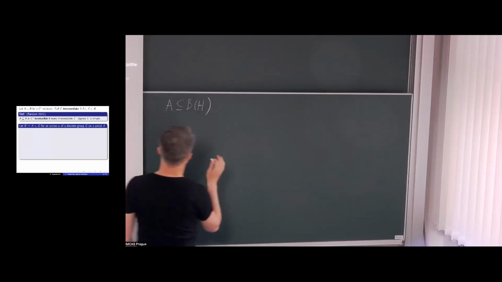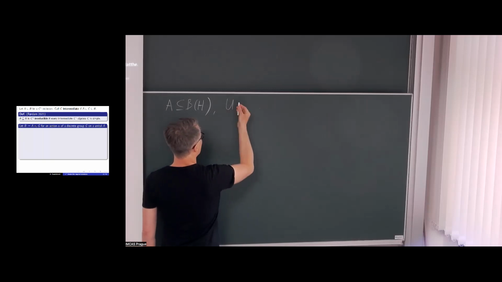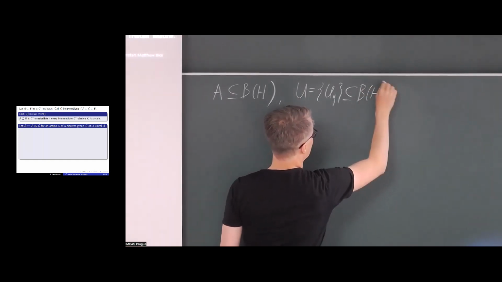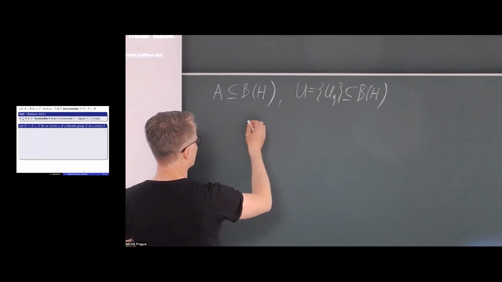If you have this group action on A, we also require a unitary representation of this group on the same Hilbert space. And the action also requires the commutation relation, which looks as follows.